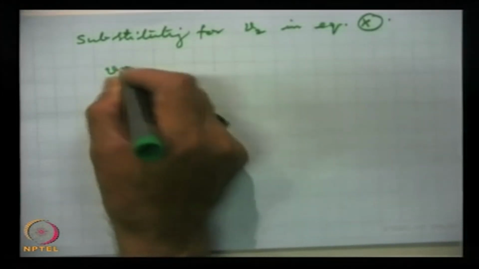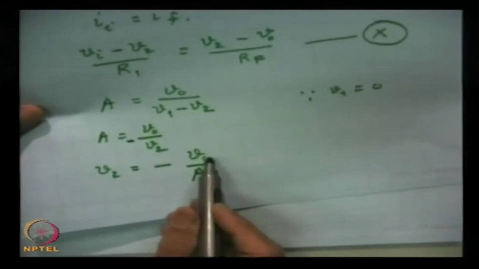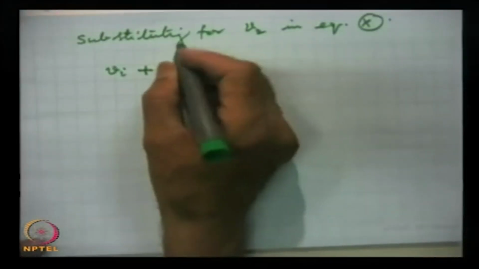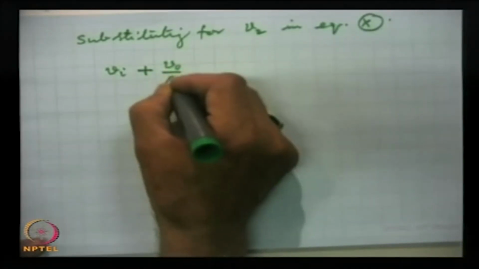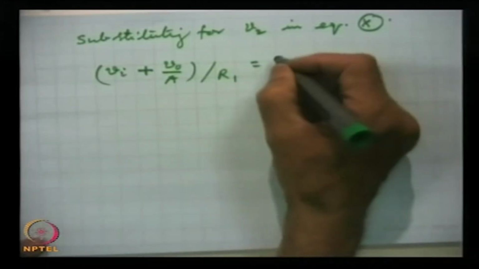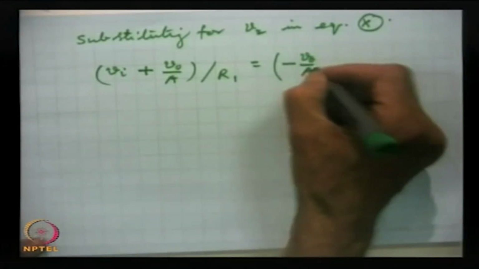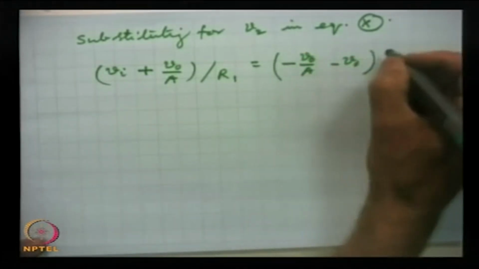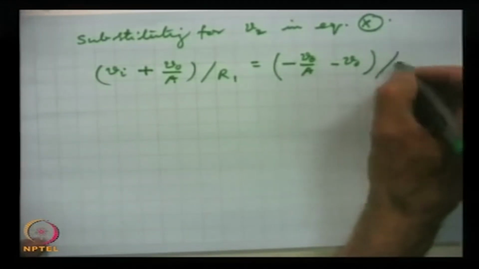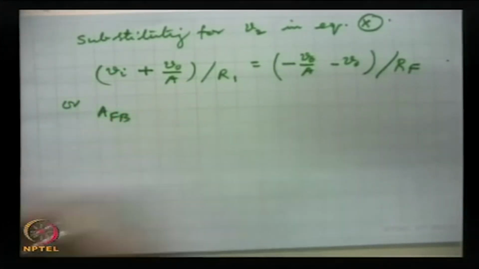Vi minus V2, but because V2 is minus V0 by A, so this is V0 by A, by R1. This is equal to minus V0 by A minus V0 by RF, or the voltage gain with feedback.